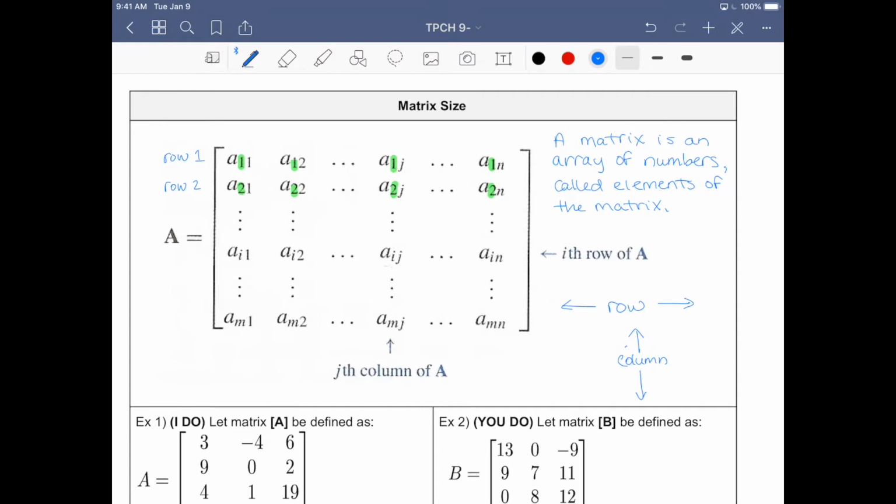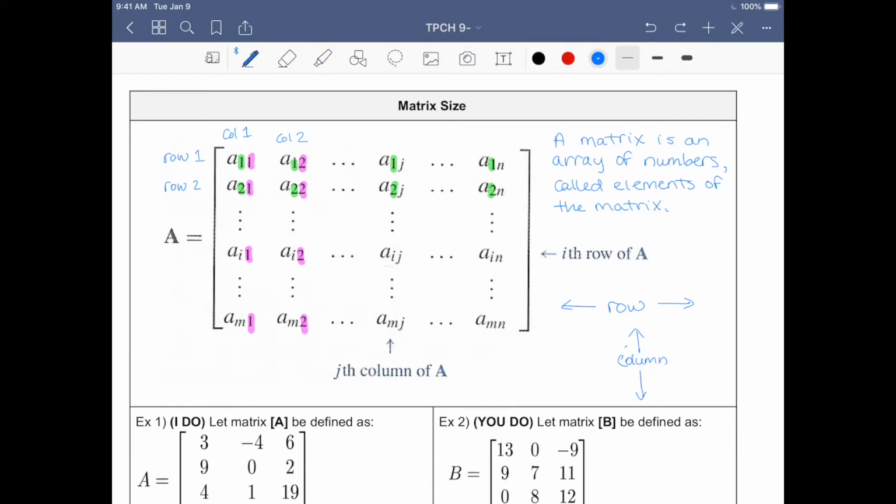So now let's talk about the columns. So column 1 is going to have the second number in the subscript be all 1's. Column 2, similarly, I'm going to have 2's as the second number of my subscript.